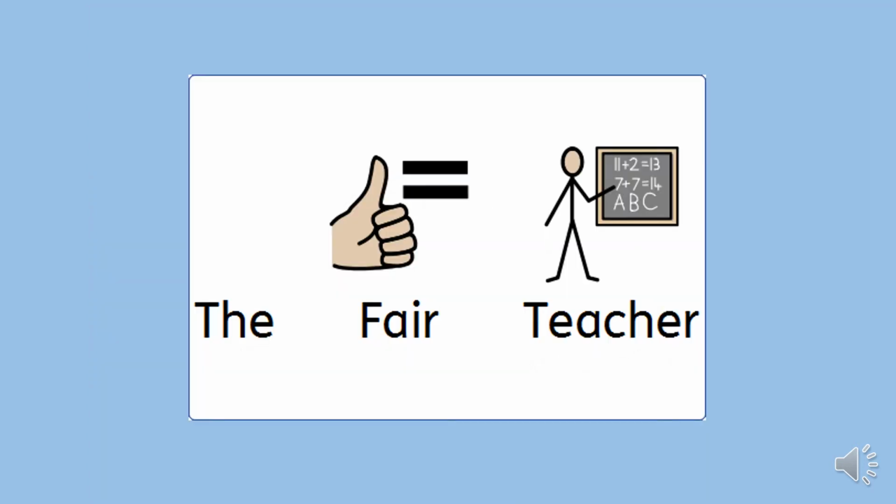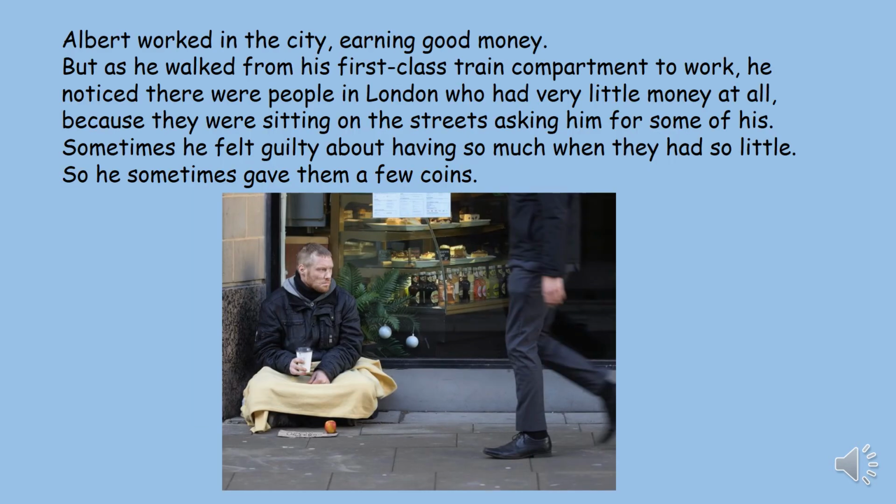So here's a story for you, and it's called The Fair Teacher. Albert worked in the city, earning good money. But as he walked from his first-class train compartment to work, he noticed there were people in London who had very little money at all, because they were sitting on the streets asking him for some of his. Sometimes he felt guilty about having so much when they had so little, so he sometimes gave them a few coins.